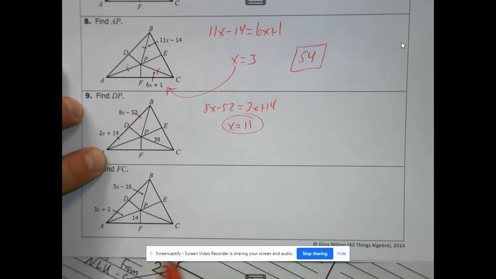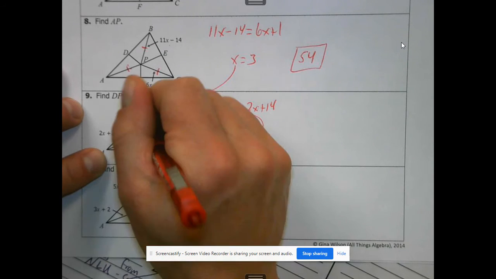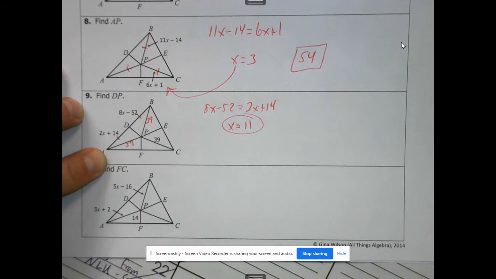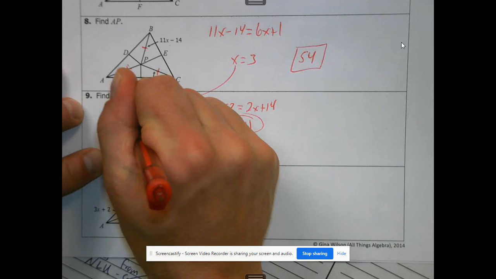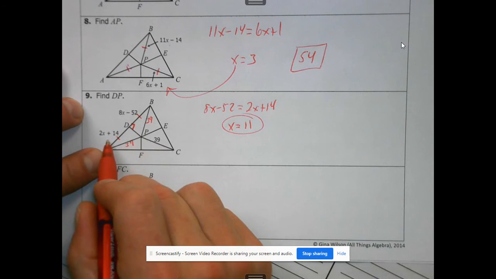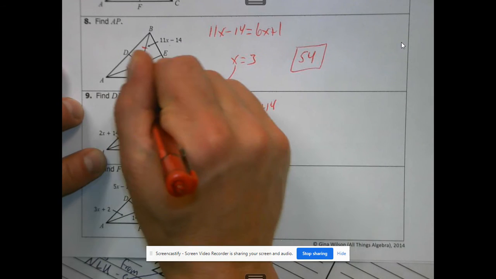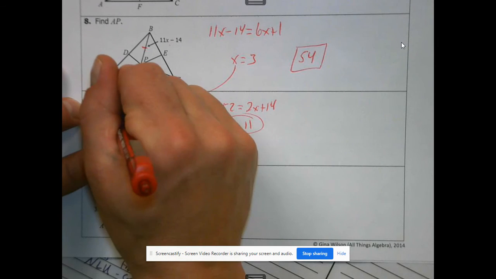Okay, we can do this. I know if this is 39, this is 39, and that's 39, right? But I got to use some Pythagorean theorem here. So first I can take my 11 and plug it back into either one of these, and then I can set up Pythagorean theorem, okay? So if I plug, say, 11 in right there, that comes out to be 36.